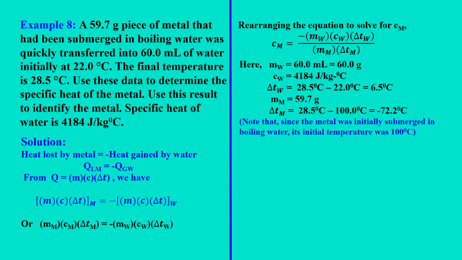The change in temperature of the metal is final minus initial. The final temperature is 28.5 and the initial temperature is 100 degrees Celsius because it is initially submerged in boiling water. So the initial temperature was 100 degrees Celsius.